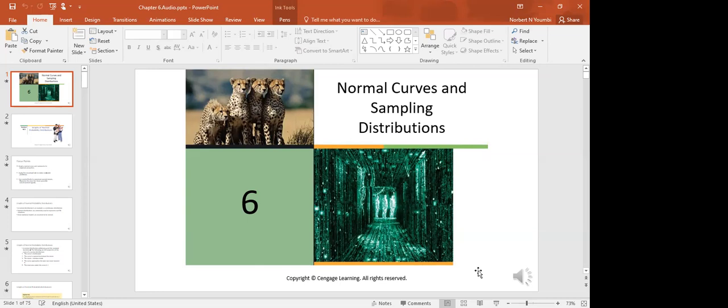It is dividing the curve into 2 equal parts of the same shape. So we say it is symmetric with respect to the mean.